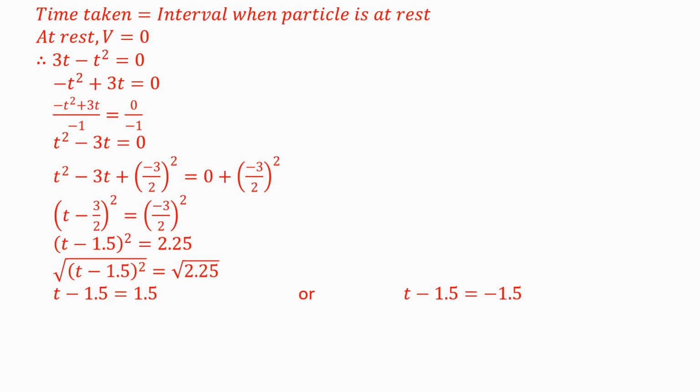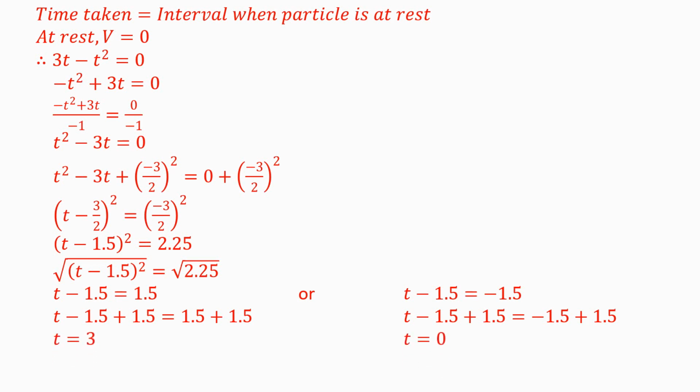So t minus 1.5 plus 1.5 is equal to 1.5 plus 1.5, and in the other equation, t minus 1.5 plus 1.5 is equal to -1.5 plus 1.5. So t is equal to 3, or t is equal to 0.